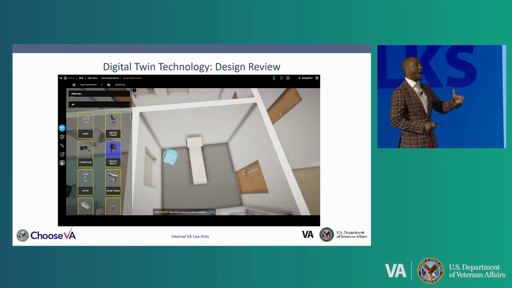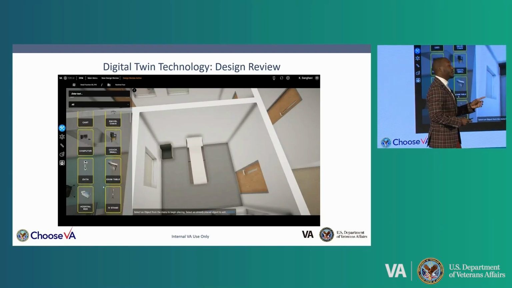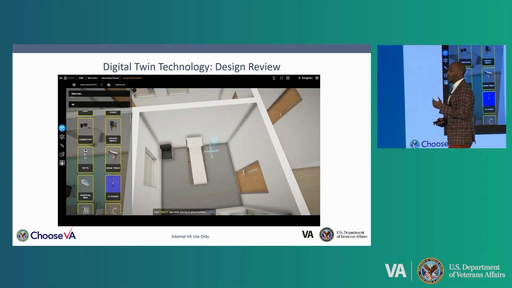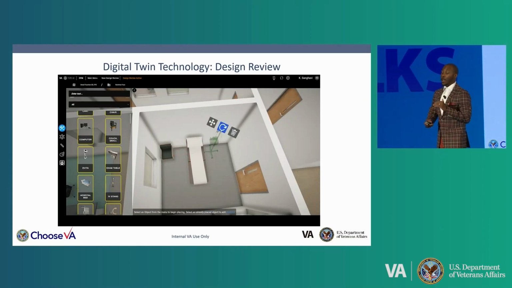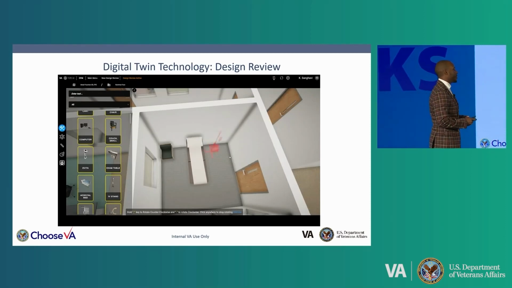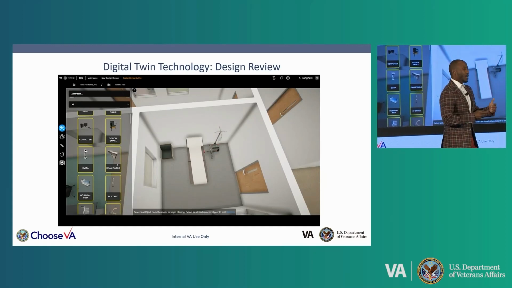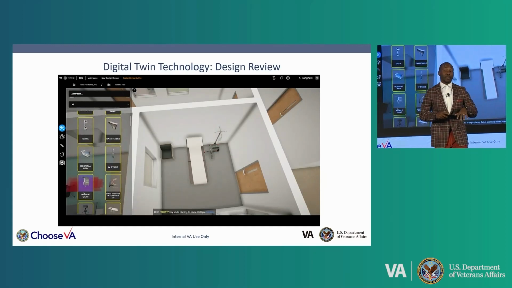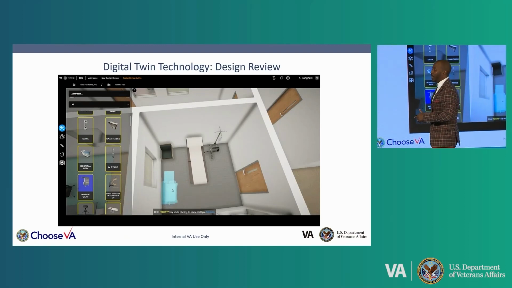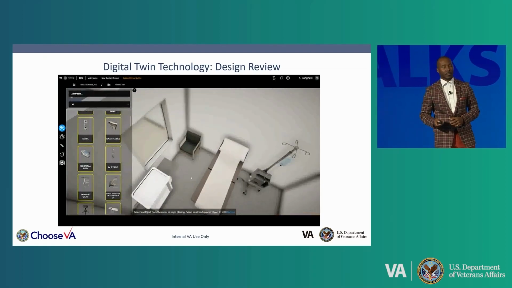You can see how privacy is affected based on how you rearrange your furniture, which is major for all veterans, but especially our women veterans. You're also able to identify and mitigate safety hazards based on how you rearrange your furniture. Let's say you want to prevent a staffer from being trapped in an exam space, or you want to eliminate the threat of a patient falling behind a bed and not being seen by their caregiver.